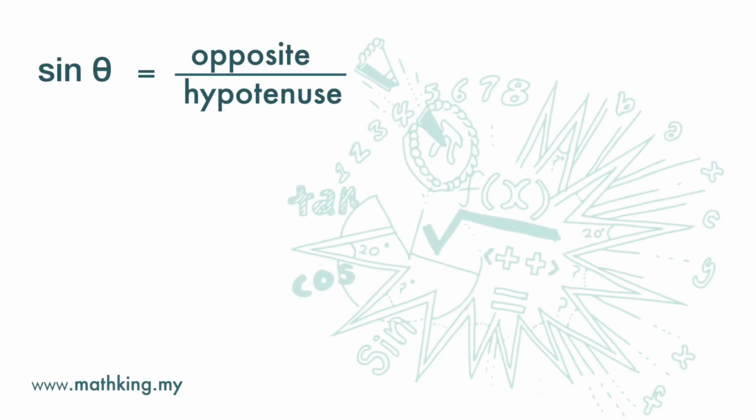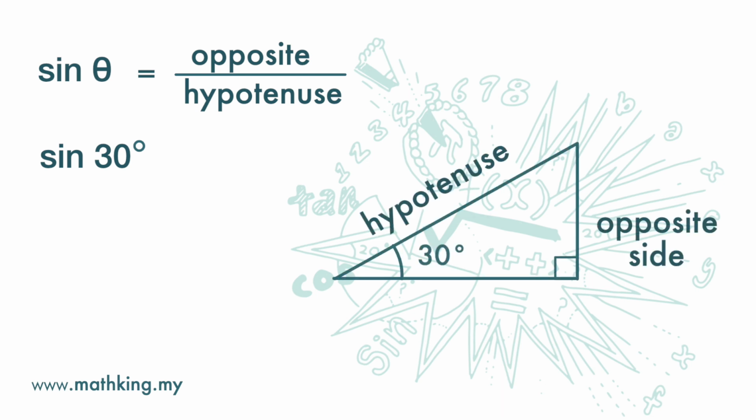The sine of different angles, that is, the ratio of the opposite side to the hypotenuse of different angles, are different. For example, let's look at sine 30 degrees. Here is a right angle triangle with a 30 degrees angle. Sine is opposite over hypotenuse.